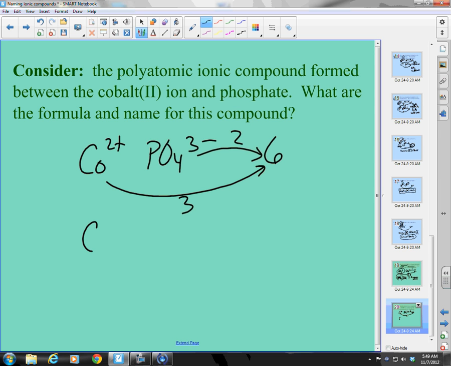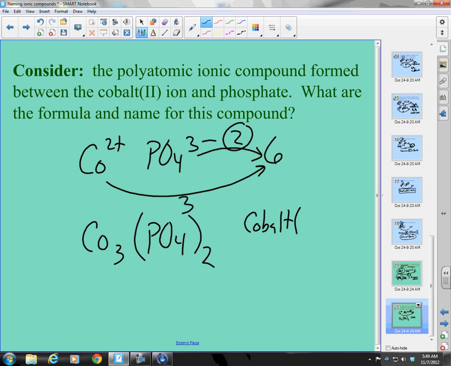So that means I need Co3, phosphate, PO4, and I need 2 of those, so I'm going to put that in parentheses. Got it. And what do we call this? Cobalt. Cobalt, not the subscript, but the charge. Cobalt 2 phosphate.